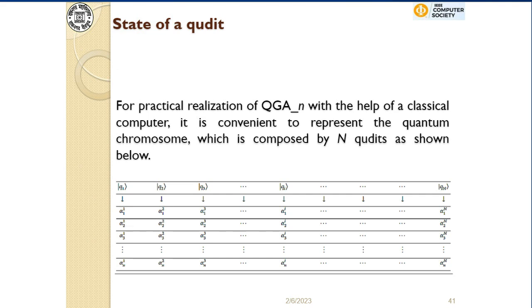Here, capital N qudits are there, and each and every qudit has n possible states: alpha 1, alpha 2, alpha 3 to alpha n. So you see the amount of space for trial solutions is going to be very vast. In the previous case there was only one single solution space, but now we have a maximal space of N cross n, capital N cross small n.